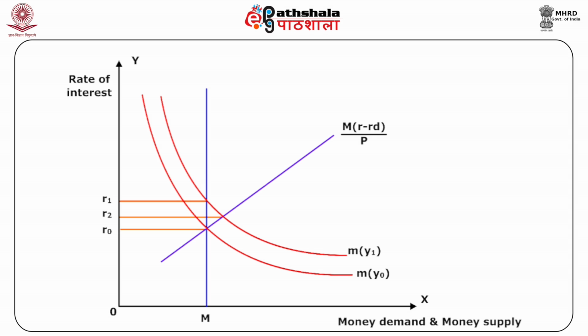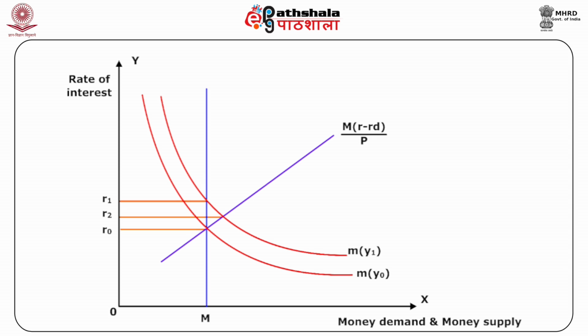Now, let us go to the 4-quadrant diagram and see how we can derive the LM function. We have 4 quadrants here as usual. In the first quadrant, we have an original LM function, and this LM function we have already seen how it is derived.